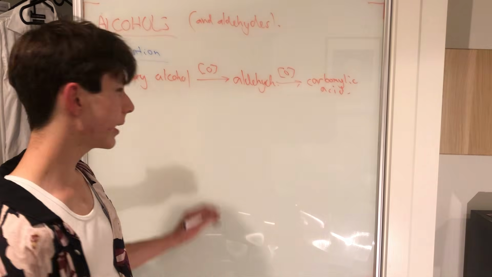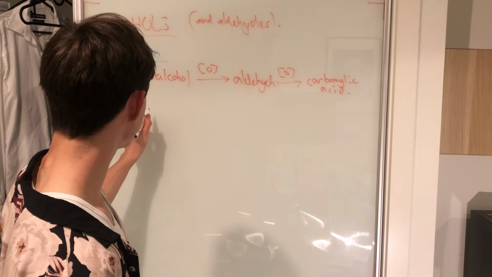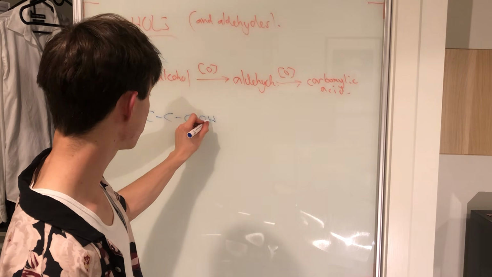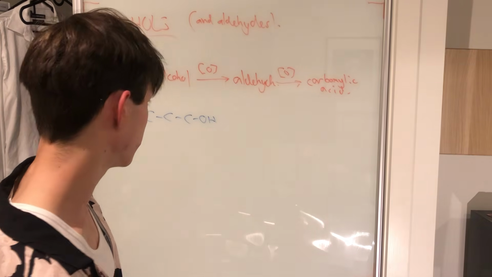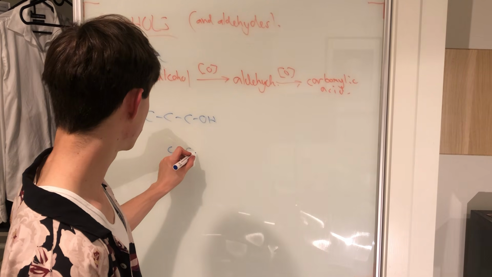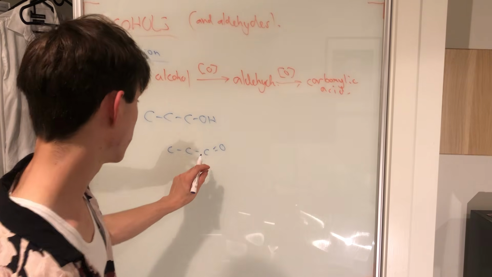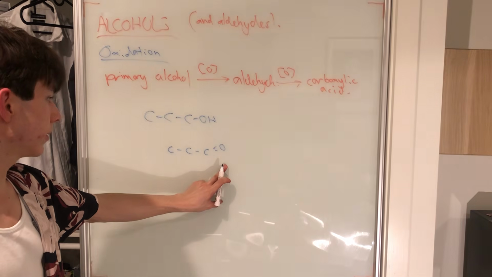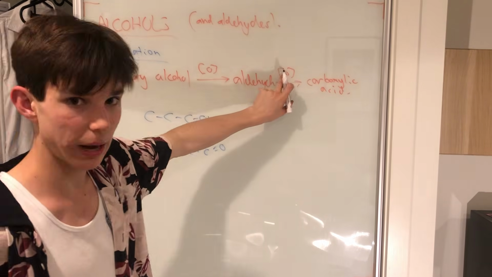Now you can sort of see this reaction happening. Say we draw an alcohol, CCCOH, primary alcohol. We're going to oxidize this. Oxidation is loss of electrons. Now this is going to involve that hydrogen atom disappearing, loss of electrons. It doesn't just disappear into the void. Remember, these are only half reactions.